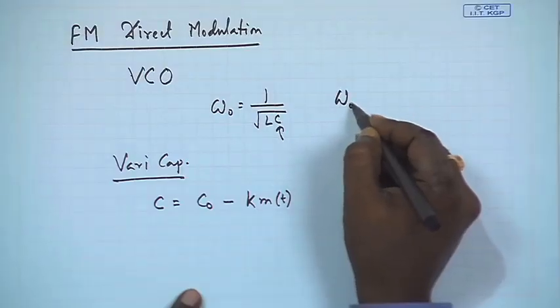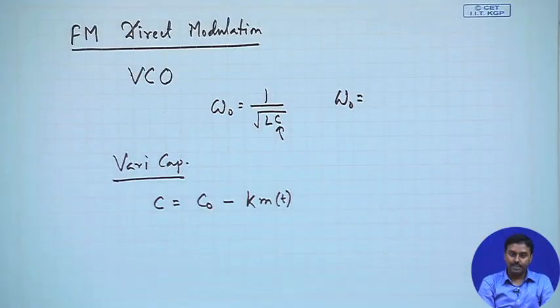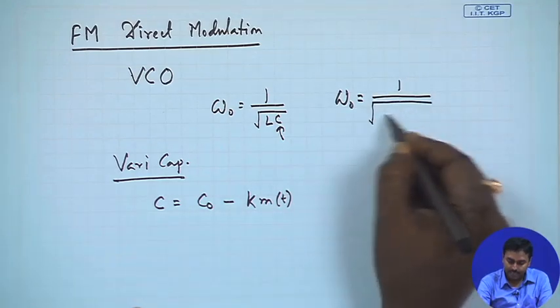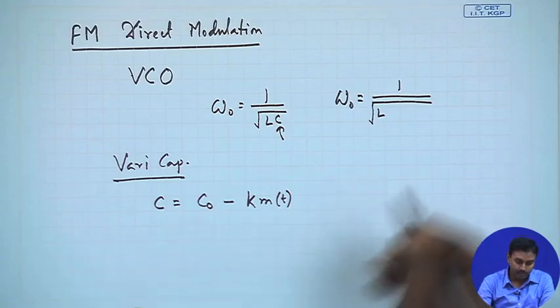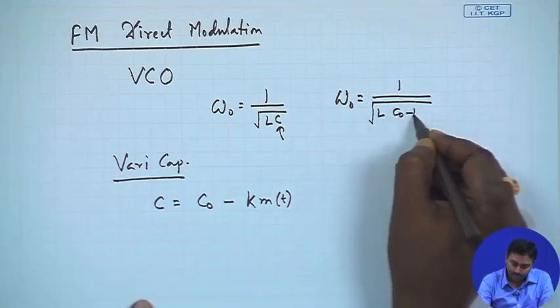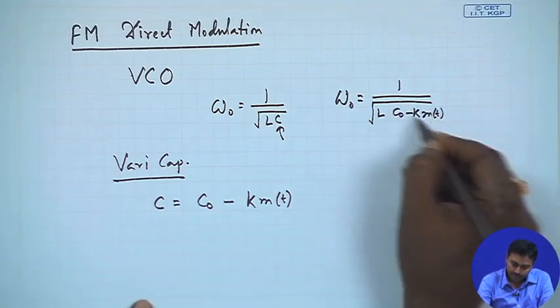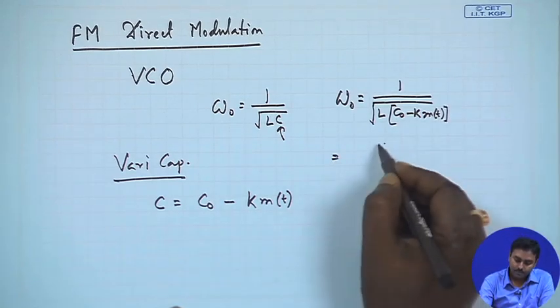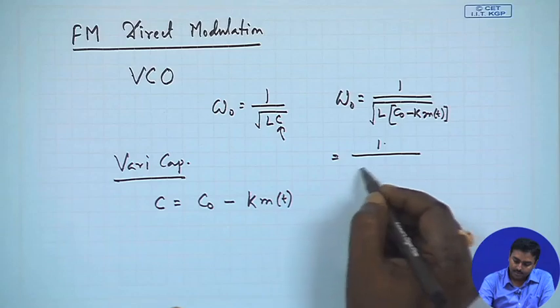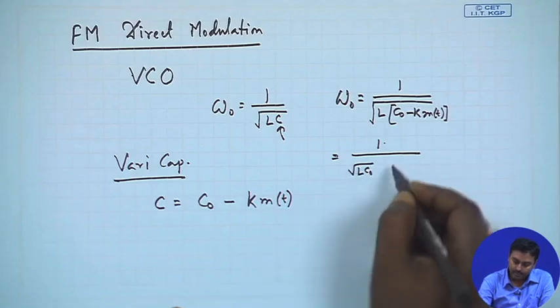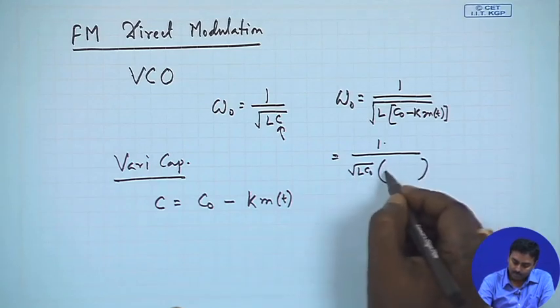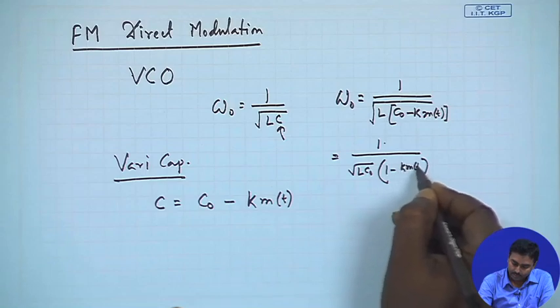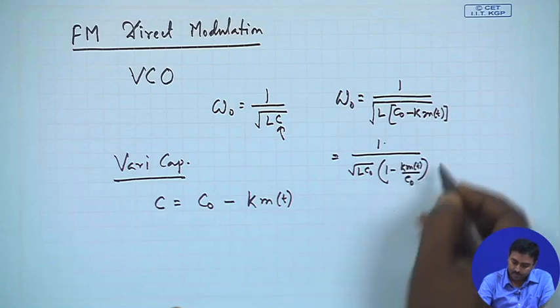Immediately, what happens to the omega 0 of that particular oscillator? L does not vary, but C is now C0 minus K mt. I can write it this way, or I can take out L C0, so I will have 1 minus K mt divided by C0, to the power half.